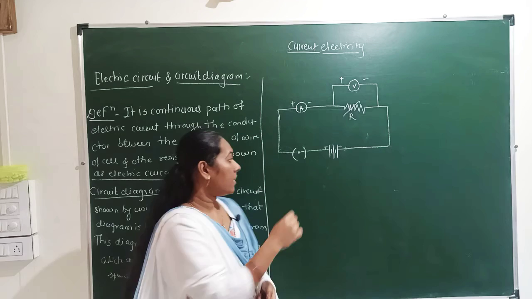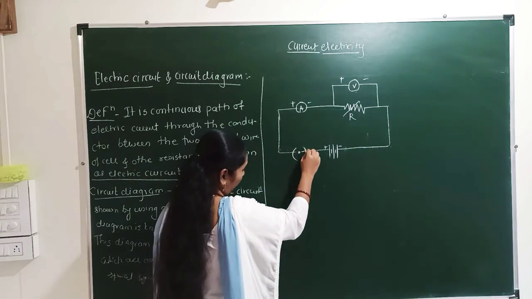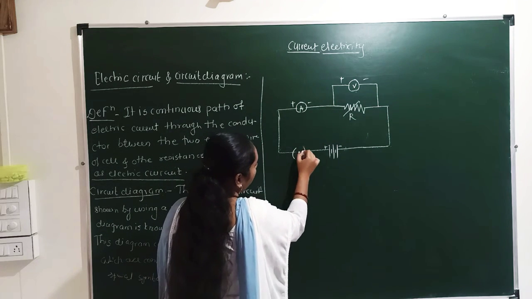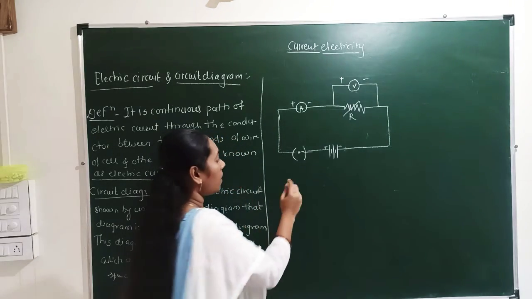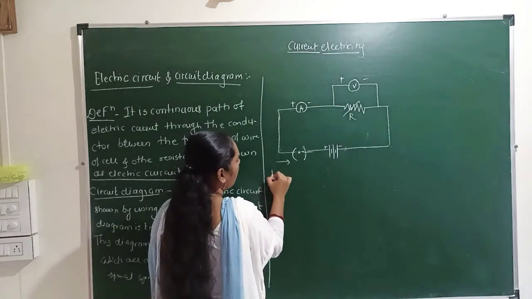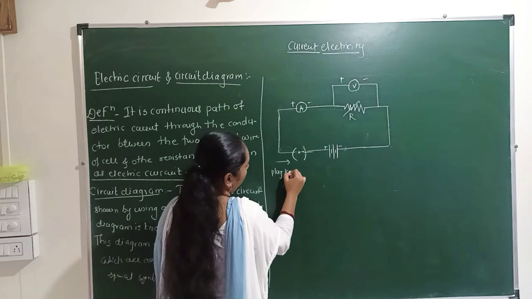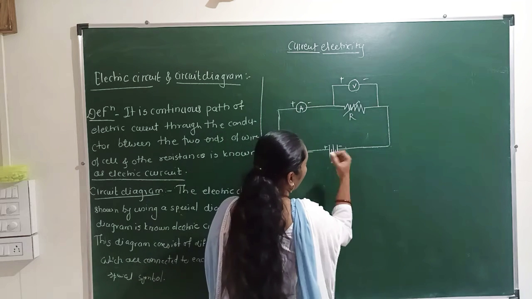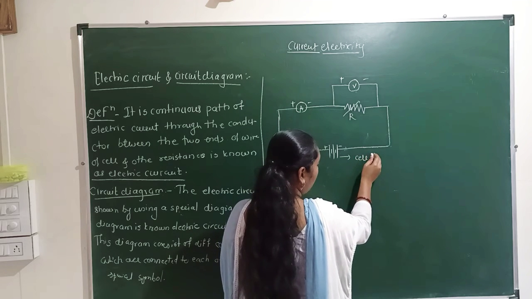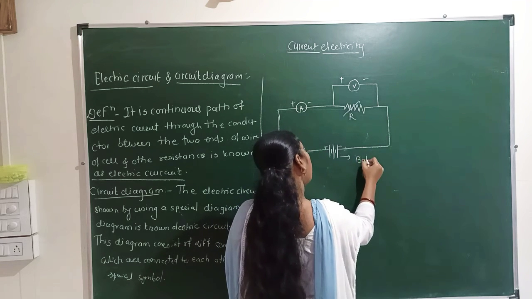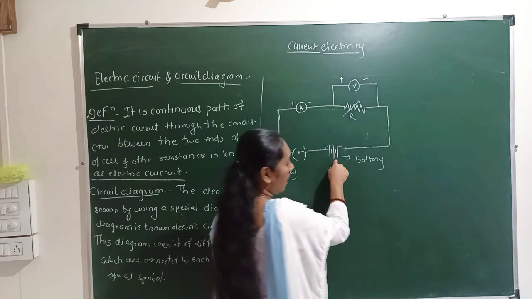See, this is known as the plug key. This is a diagram for an electrical circuit, not yet completed. This is the cell, or it is known as a battery, because here there is more than one cell.